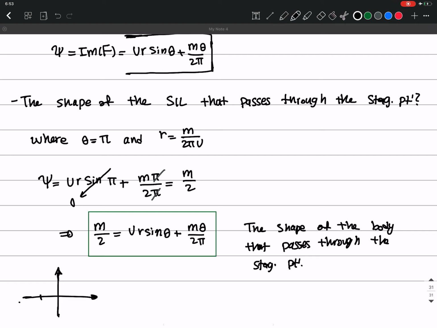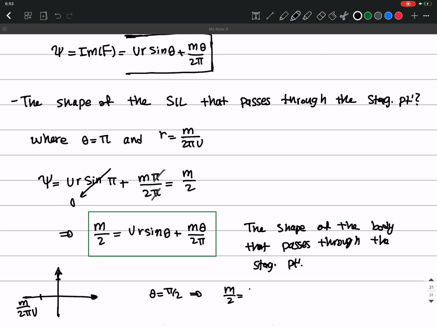And then here you want to see the value, so you can set theta to be pi half. Then the sine is going to be 1 there. So you have m over 2 equals u r times 1 plus m pi half over 2 pi.